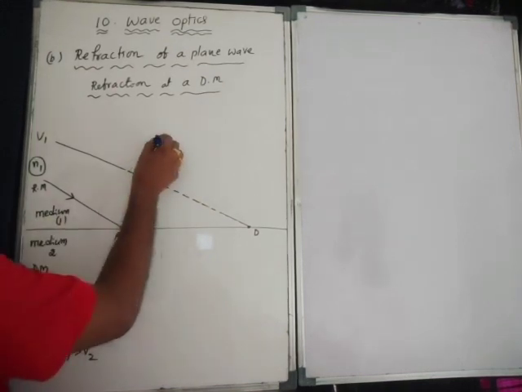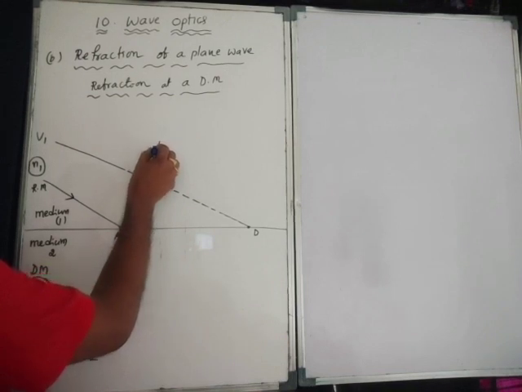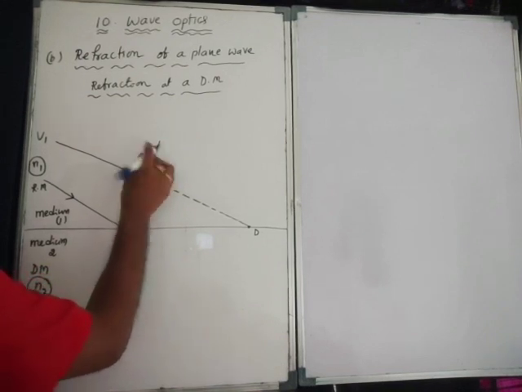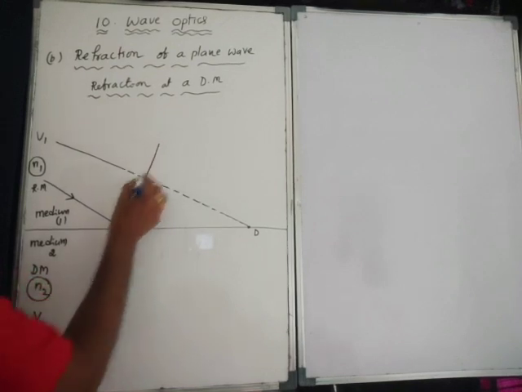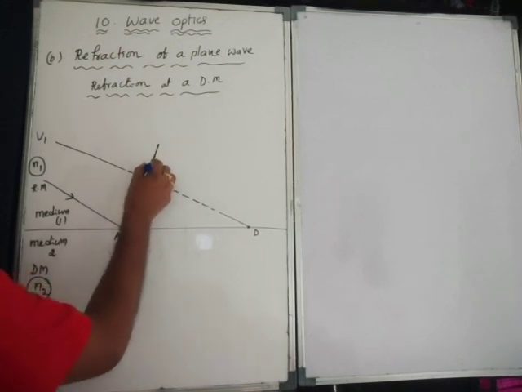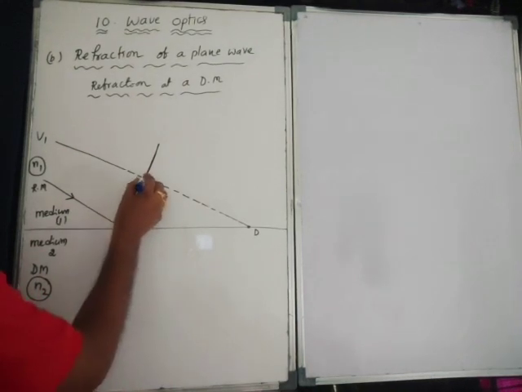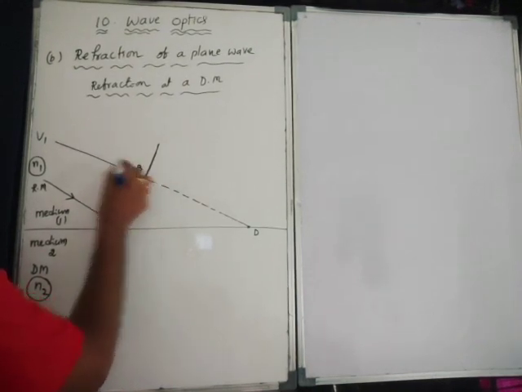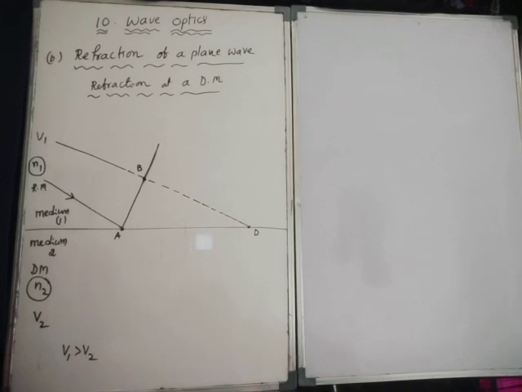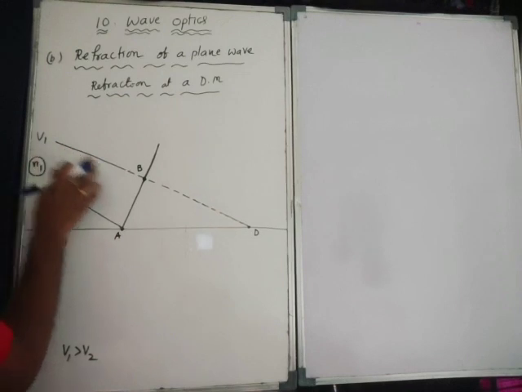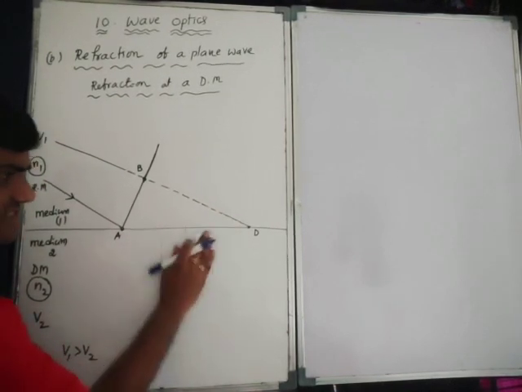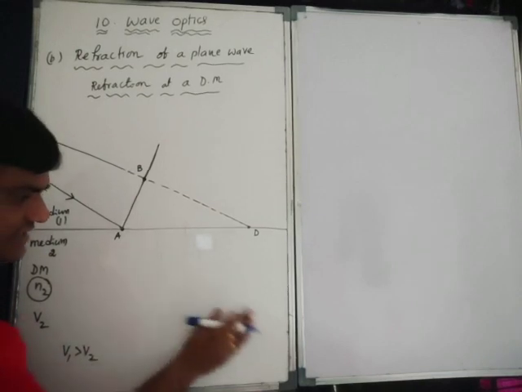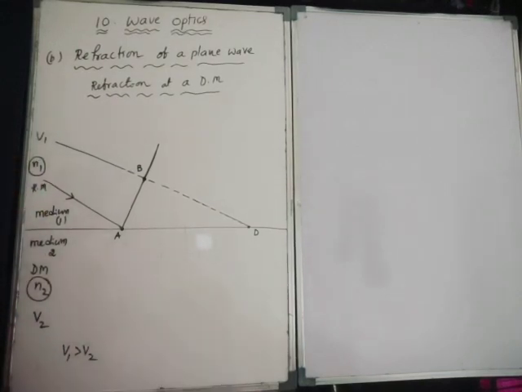AB is the incident wavefront, with the point B here. The light ray travels from rarer medium to denser medium. This is completely the denser medium, and in the denser medium the speed of light is less.